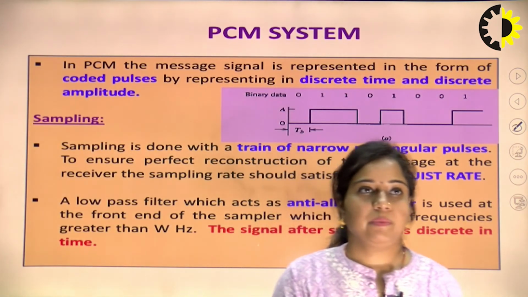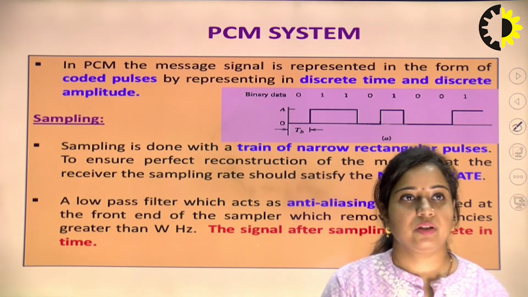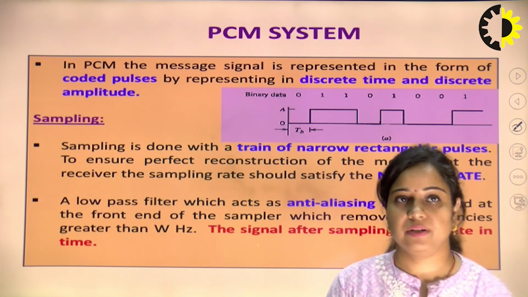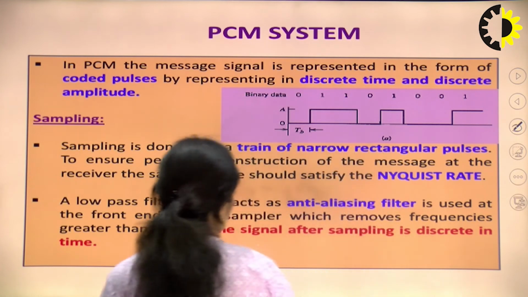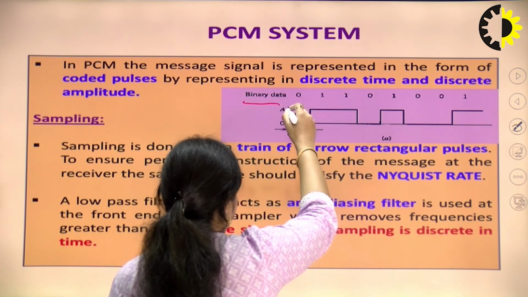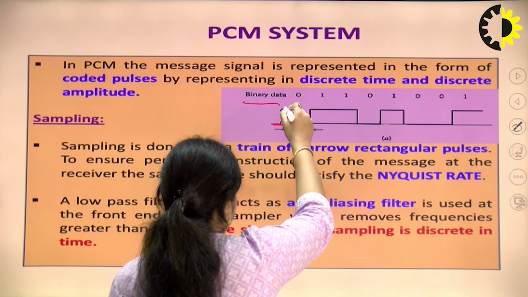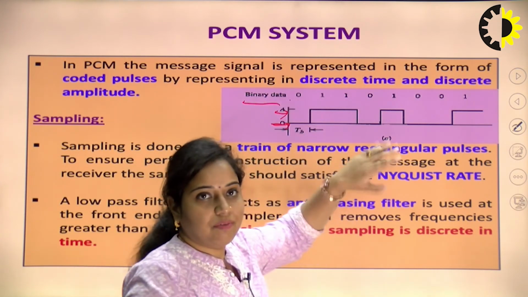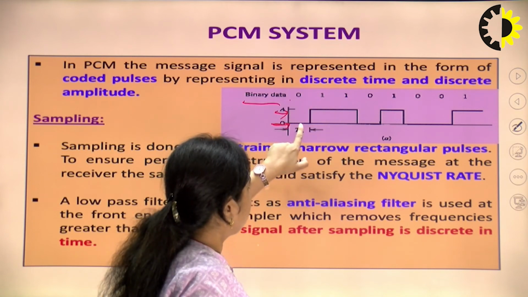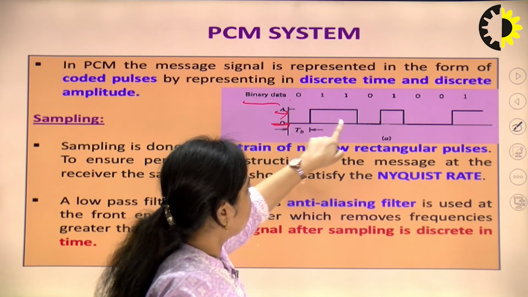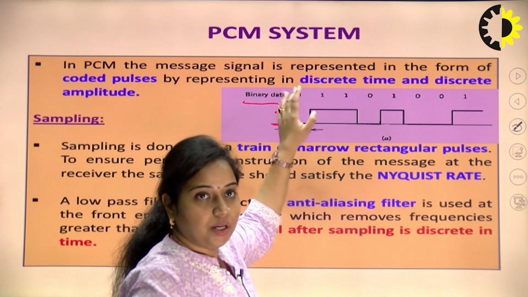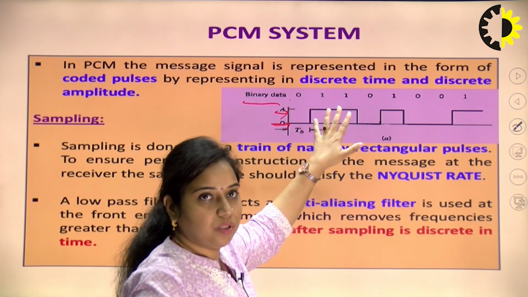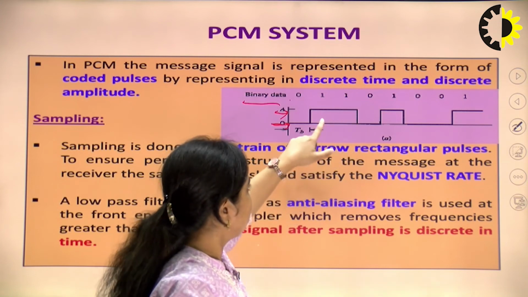Now, next is, in PCM, the message is represented in the form of coded pulses, in discrete time and discrete amplitude. This is the binary data. Now, this will be the amplitude 0, this will be amplitude A. If we are using any kind of line coding, for the 0 bit we are transmitting 0, for the 1 bit we are transmitting an amplitude equivalent to A. A can take any value, it can be 5 volt, it can be 6 volt, or any value for the system you have designed.